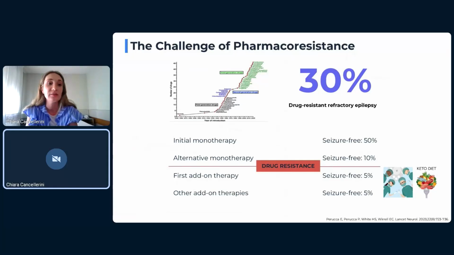Indeed, initial monotherapy brings seizure freedom in 50% of cases, but when starting add-on therapy, the probability of achieving seizure freedom decreases significantly with every failed treatment. This is why clinicians can consider alternative strategies such as surgery or different types of diet.